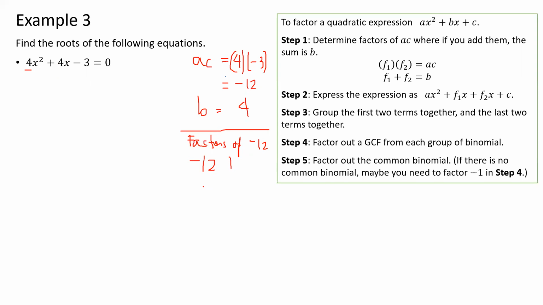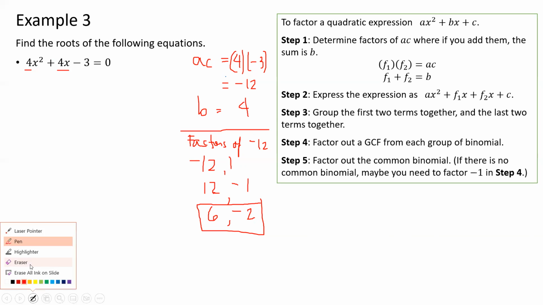We can reverse the signs, 12 and negative 1, but that is positive 11, right? But we can also have 6 and negative 2, right? And this pair of factors of negative 12 is when their sum is positive 4. So we can express bx as 6x minus 2x. So let's write it like that.